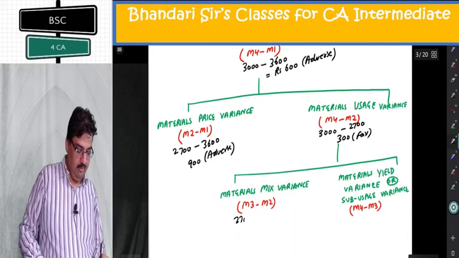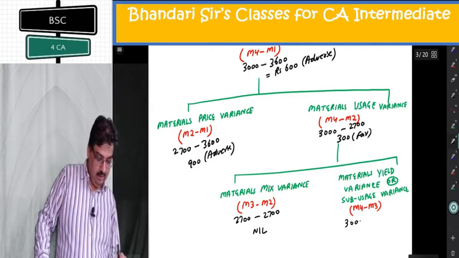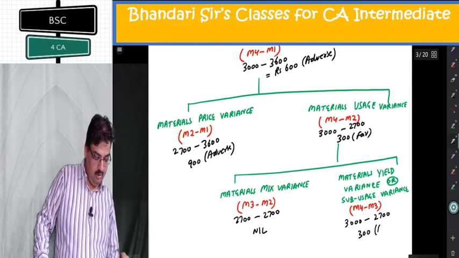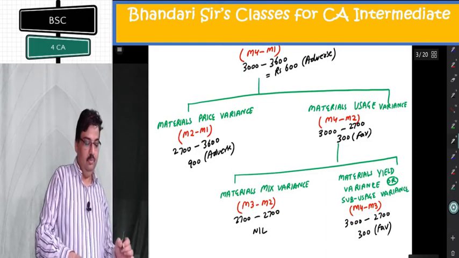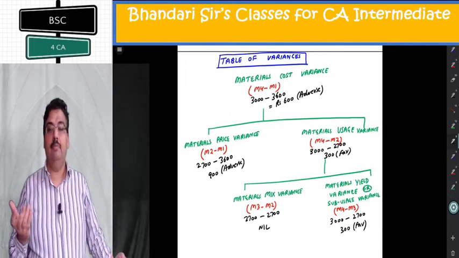This is 2,700 minus 2,700, nil. And this is 3,000 minus 2,700, 300 favorable. This is a table of variances that will give you full marks in the exam.